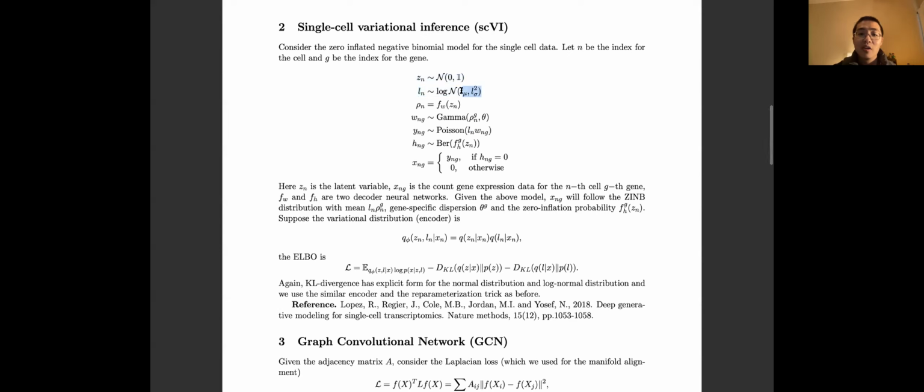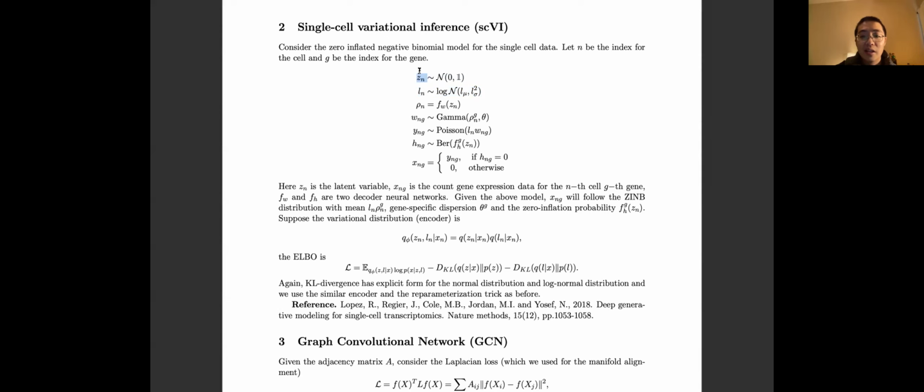Because it must be positive, suppose it's sampled from a log normal distribution. Then, based on ZN, it introduces the generative model in several steps.